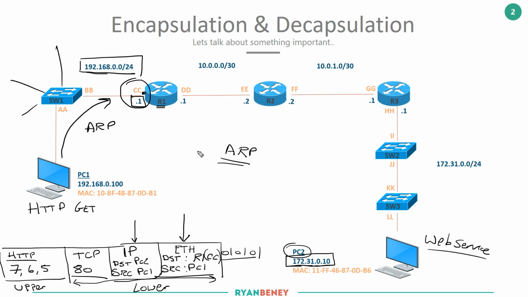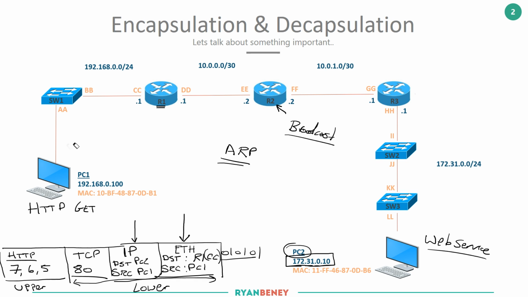It can't be sent off a segment because routers stop broadcast. So an ARP message will never broadcast off the local segment. So because of that, we have to send it to our default gateway. So we know that the traffic will go up to the default gateway. In this case, that will be up towards router 1.